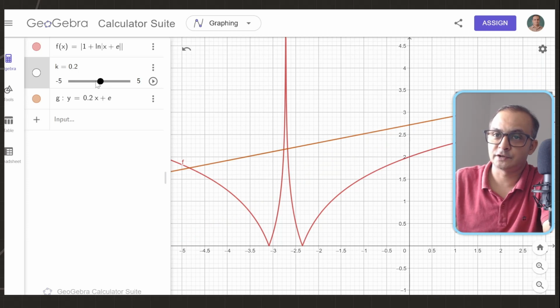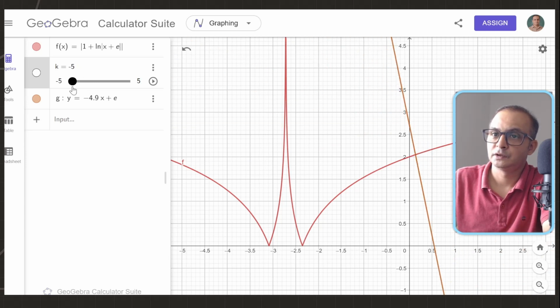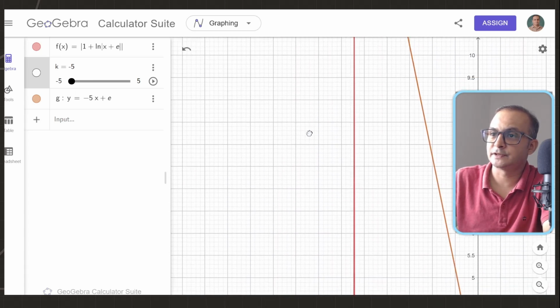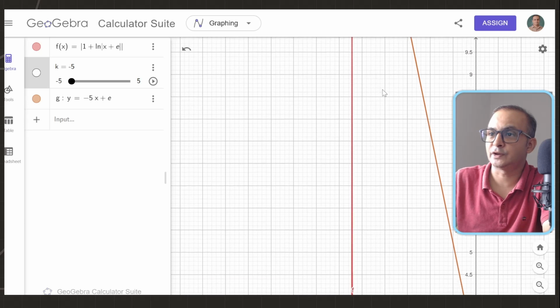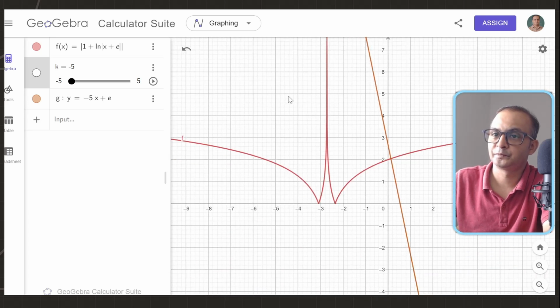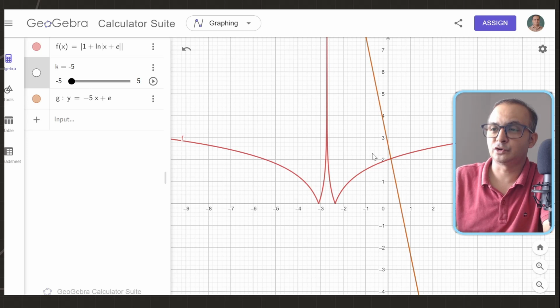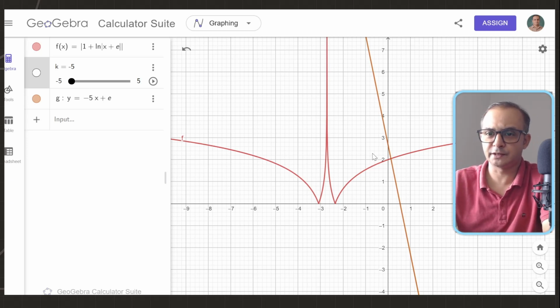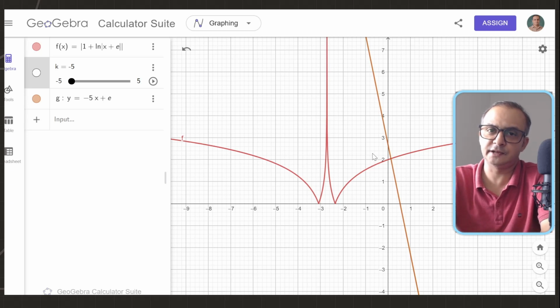If I move this slider to the negative side of k, you see, this graph is intersected at infinity, so at least 3 solutions will always be there. They're saying at most 3 solutions, so maybe we can conclude that statement is not correct, but I'm thinking that at most means not more than 3, but at least 3 is there only.